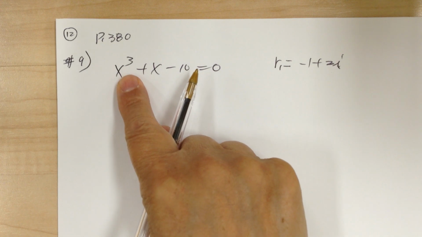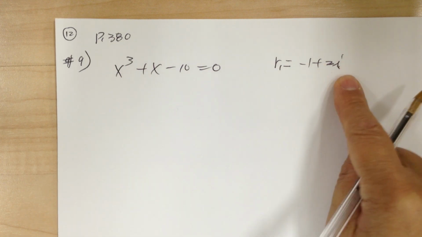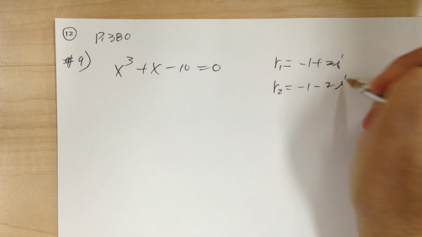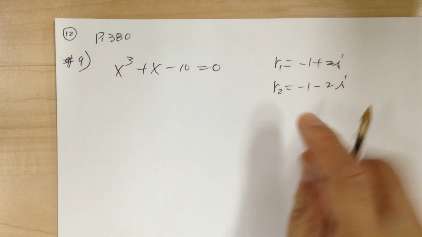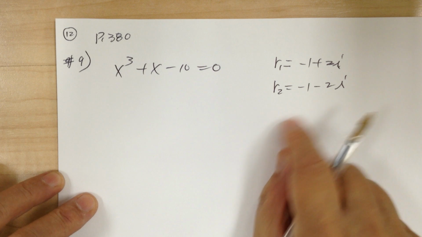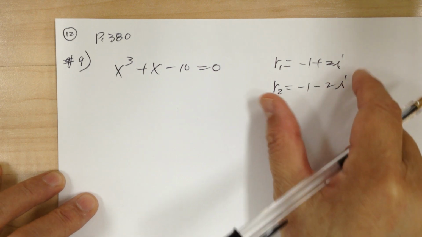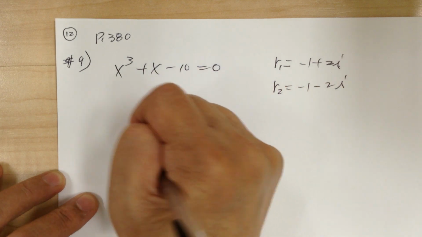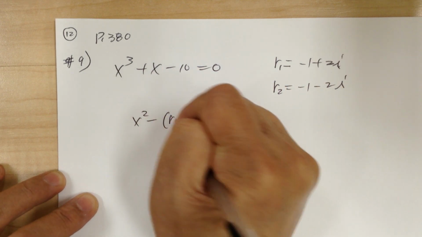This is a cubic, so you have 3 answers, and they give you 1. So right away you get R2 equals negative 1 minus 2i. Next we have to find the depressed equation, the equation that these 2 answers come from, so you can get your root equation.